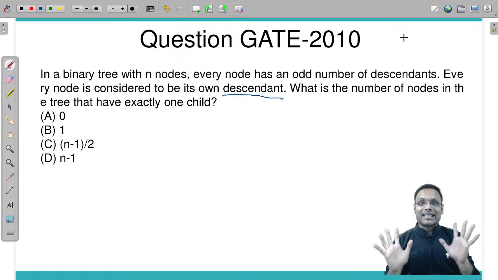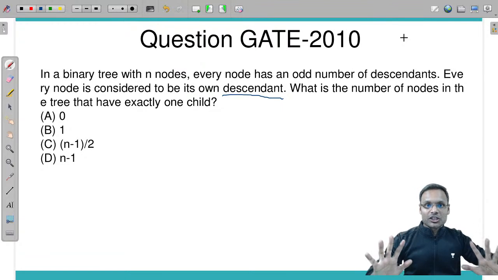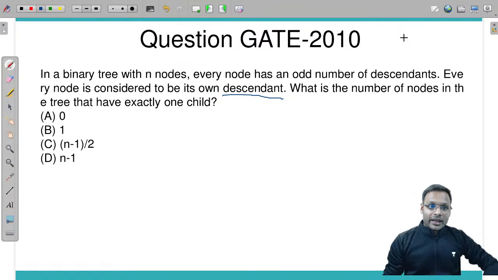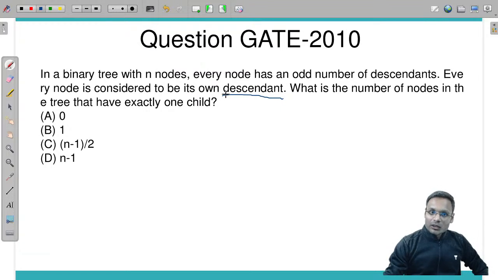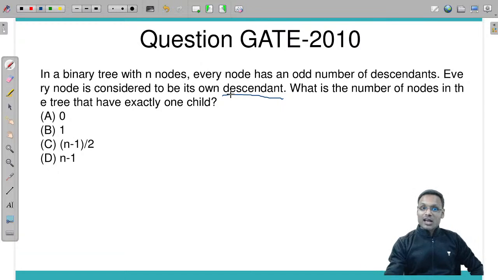Those are called descendants. Every node is considered to be its own descendant. And every node has an odd number of descendants.